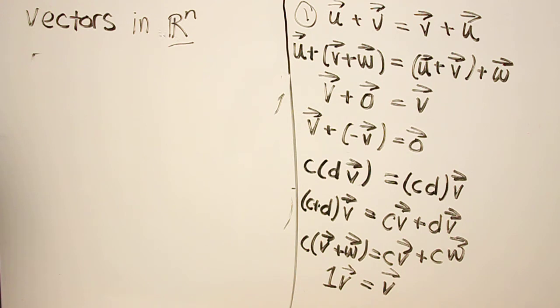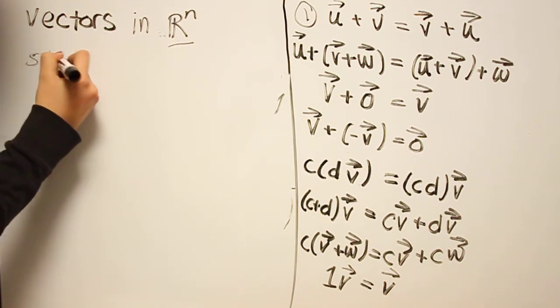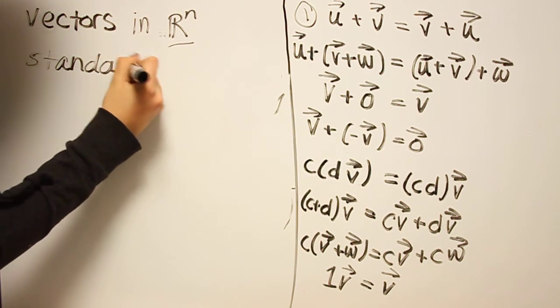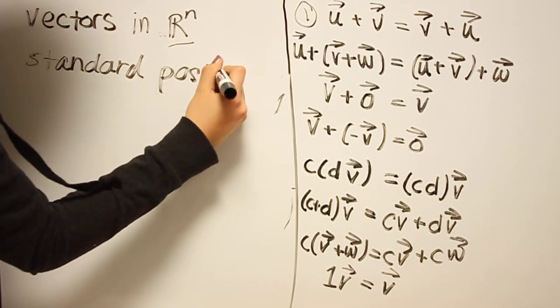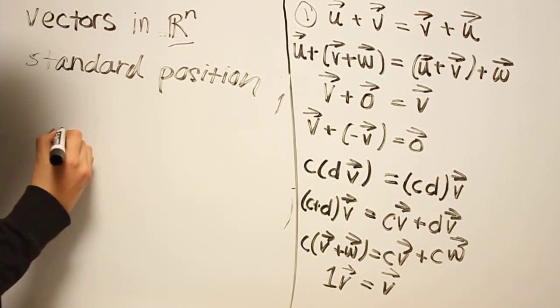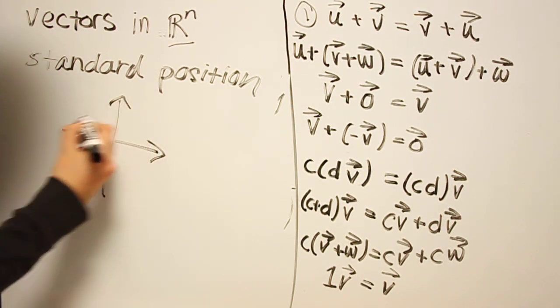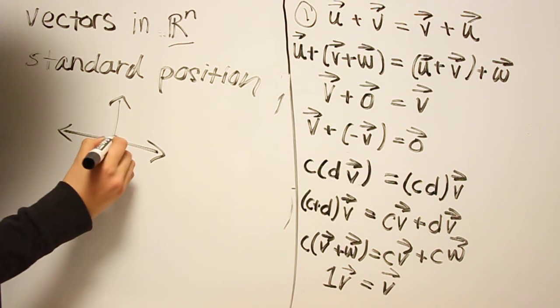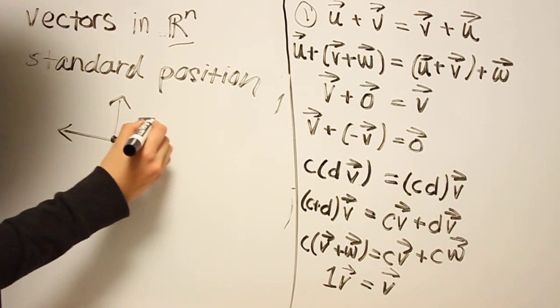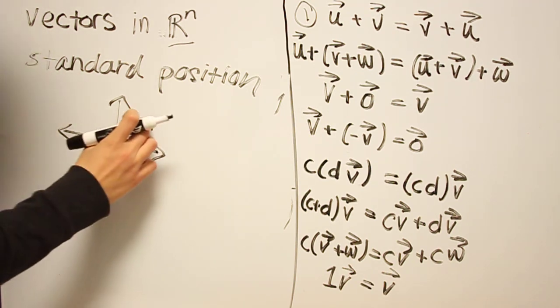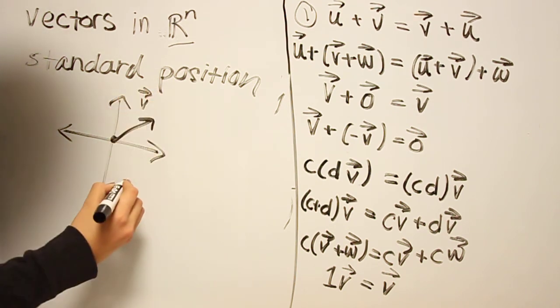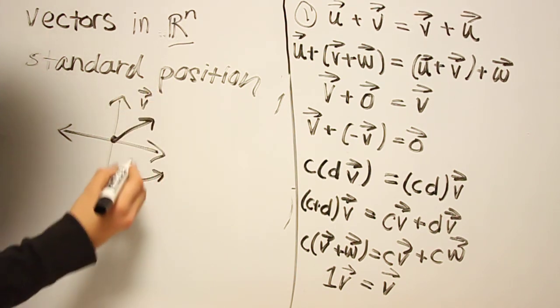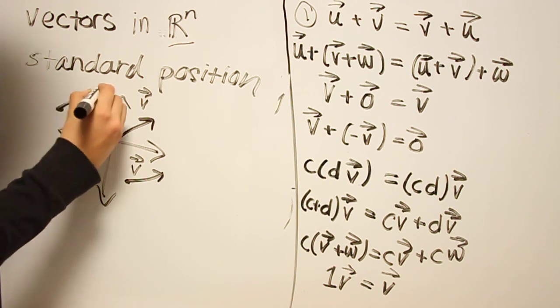Okay, and just one final vocabulary term. Standard position is what we call a vector where its tail starts at the origin. So we can actually move around this vector v to say here or say here.